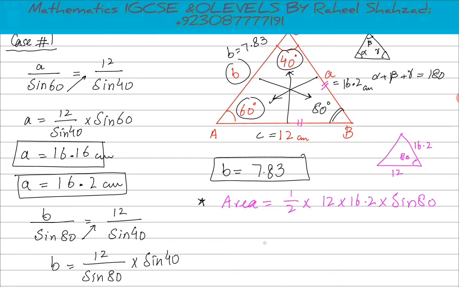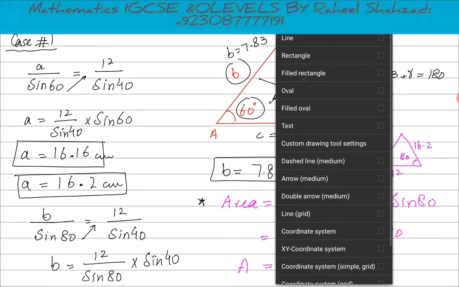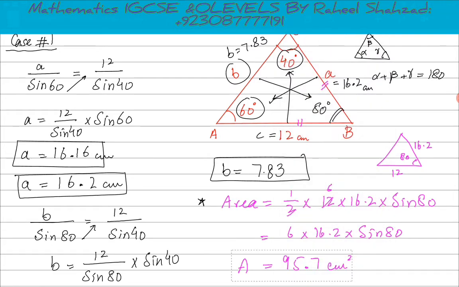So 1/2 AB sine theta. So it's 6 times 16.2 times sine of 80, and the area is going to be 95.7 centimeters squared. That is the area of this triangle.